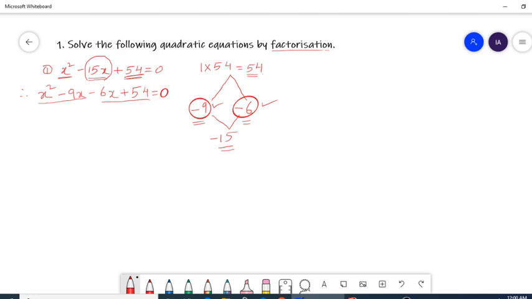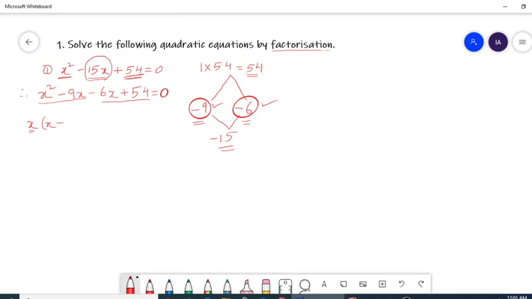So you need to observe what is common in the first two terms. Here we have x square minus 9x. Among them, x can be taken as a common factor. This x square has two factors of x. If you take one x out, one x will remain, minus 9x. So we have already taken x as a common factor.